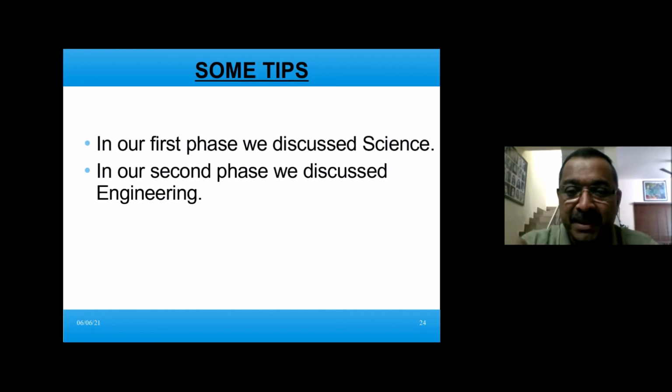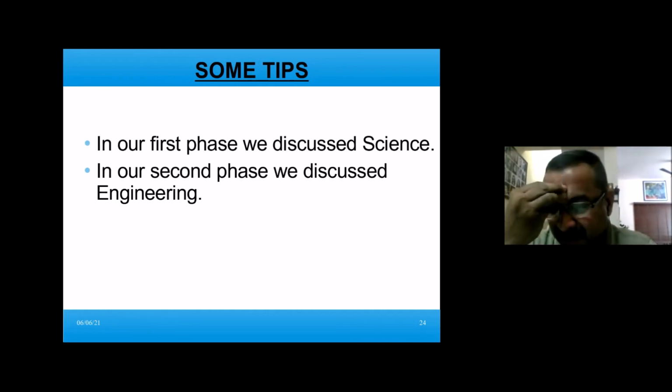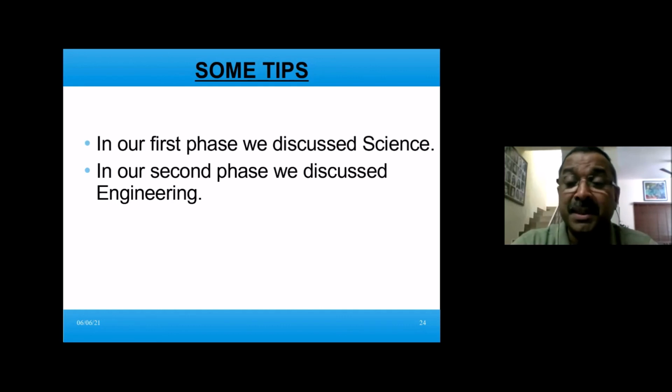Scientists are interested in finding out what we call truths or scientific facts. And engineers are the people who apply these scientific facts into practical applications. So a diesel engine, a heat engine, is a practical application of a scientific fact.